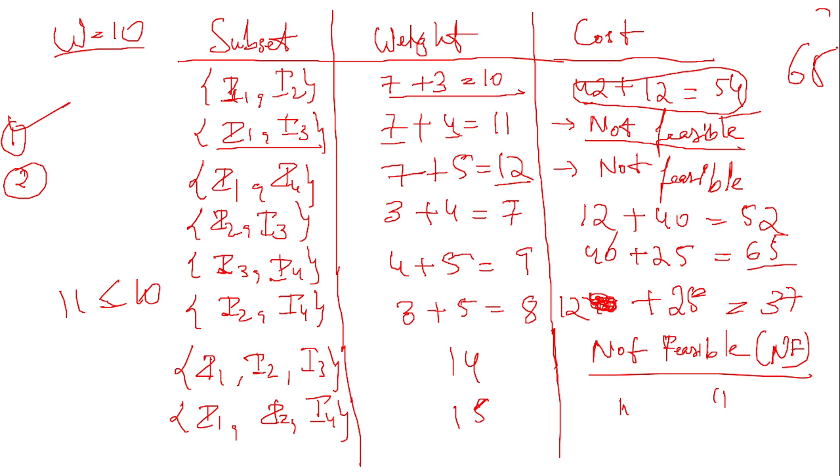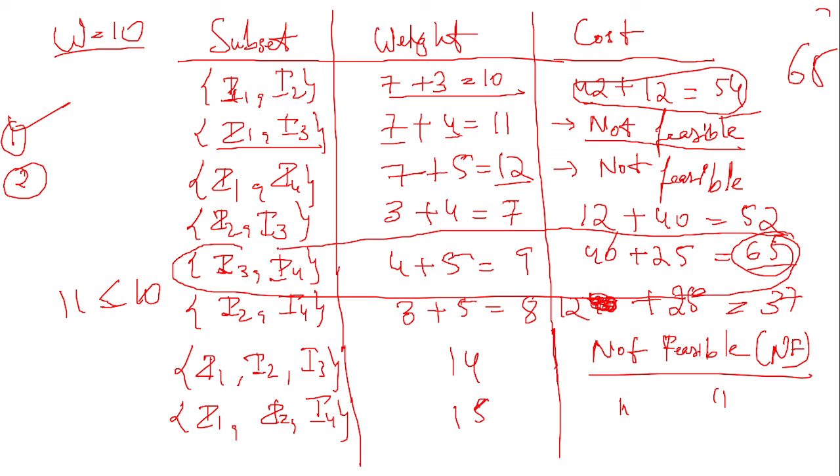Here it's not feasible. So 65 is the maximum amount you can get by adding the products into the bag. So this is the best subset, or these are the best products. By adding them into the bag, you will get 65 rupees.